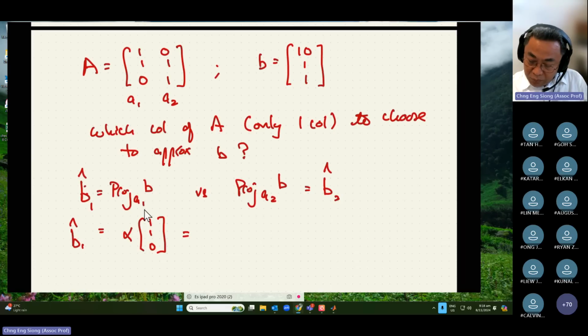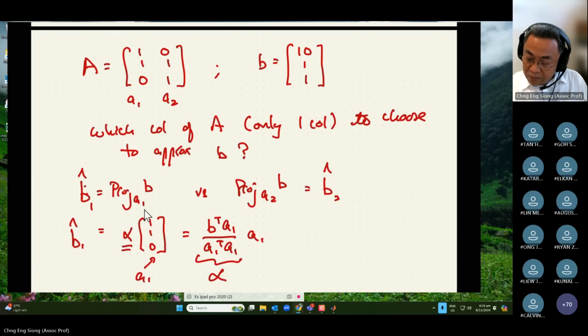The answer should be that alpha is B transpose A1 over A1 transpose A1. This is alpha times A1. So this is A1, B transpose A1 over A1 transpose A1 times A1.